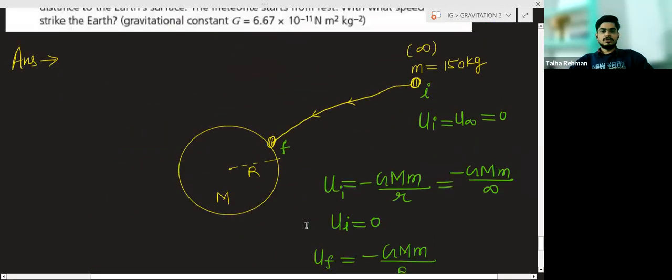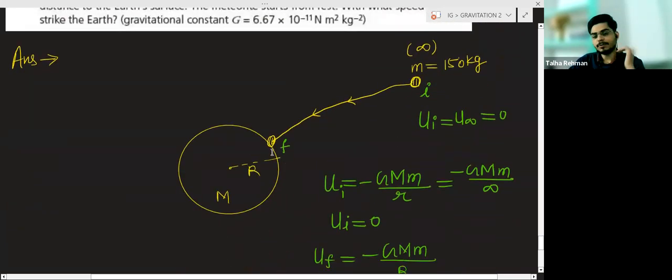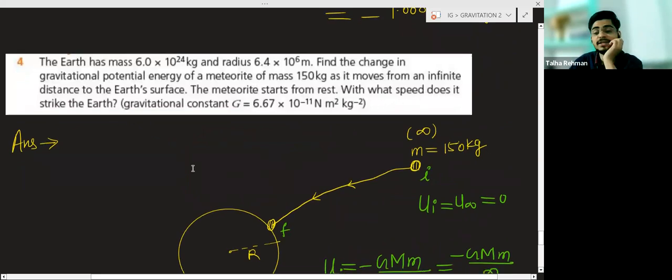Okay. So next part they are asking, we have calculated the change in the potential energy when the meteorite moves from infinity to the surface of the earth. Now they are asking, with what speed does it strike the earth?